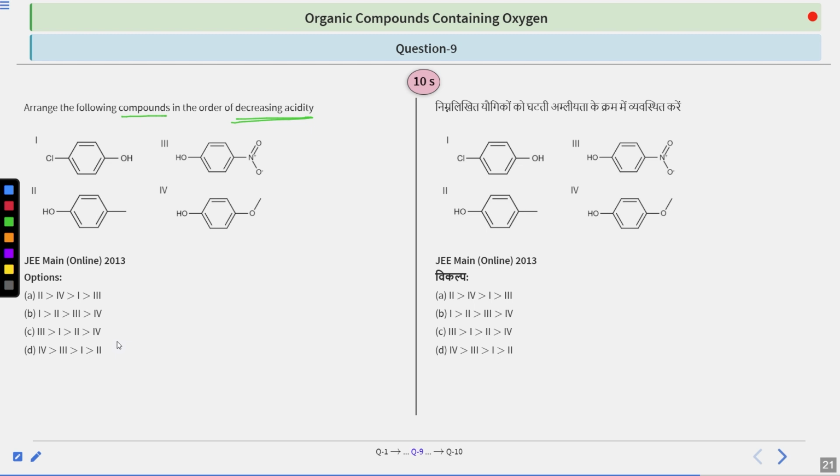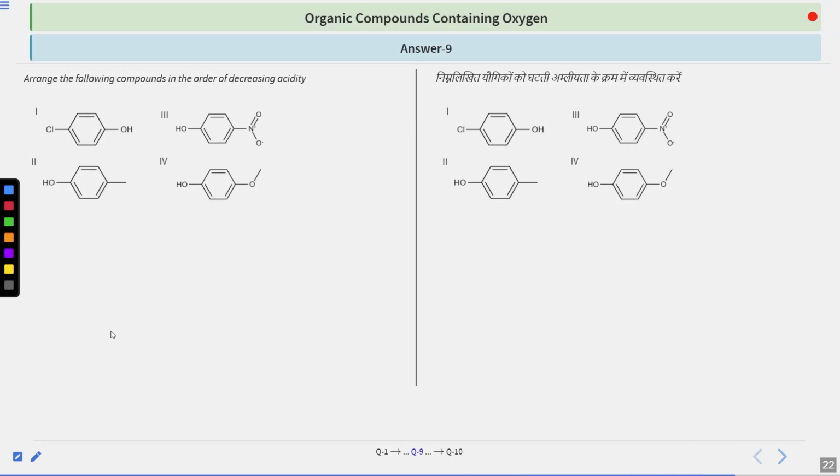After that, we will see the answer. Okay, let's see. The correct answer for the given question is option C, that is most acidity for third, then first, then second, then fourth.